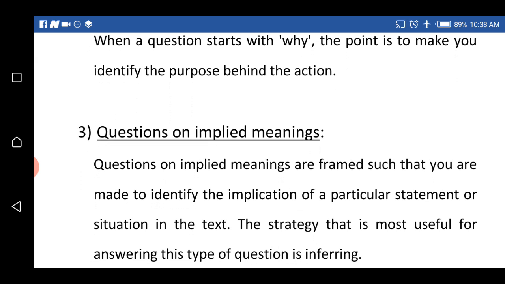Questions on implied meanings are framed such that you are made to identify the implications of a particular statement or situation in the text. The strategy that is most useful for answering this type of question is inferring.